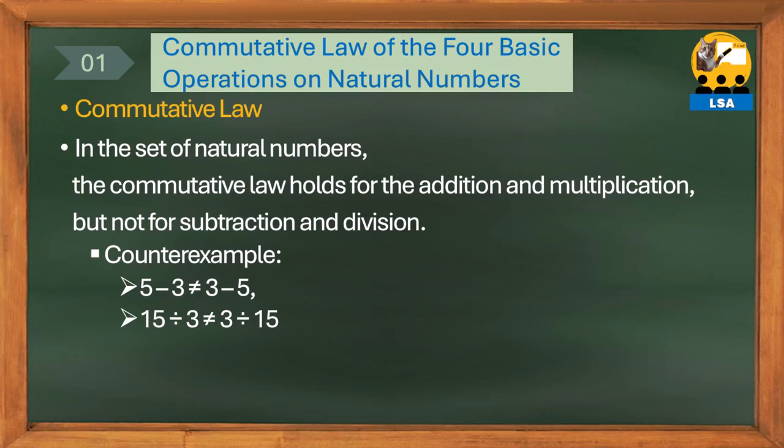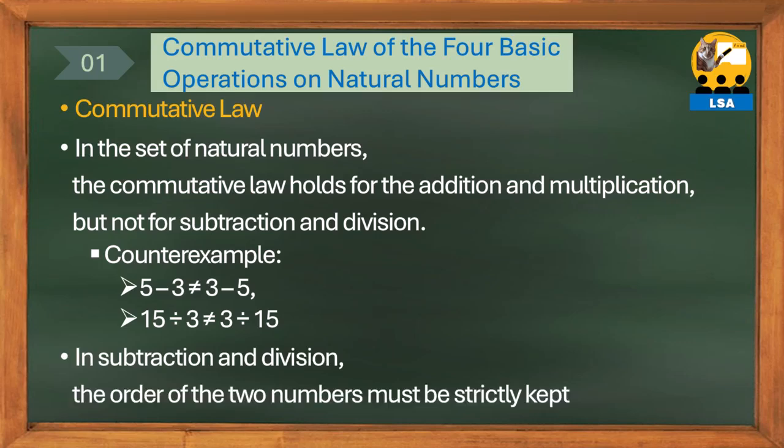Since the commutative law does not hold in subtraction and division, in actual calculations, the order of the two numbers must be strictly kept according to the calculation purpose. You also understand that subtraction and division are not closed, so you have to check the calculation result every time, right? How can we prove that the commutative law holds for addition and multiplication?